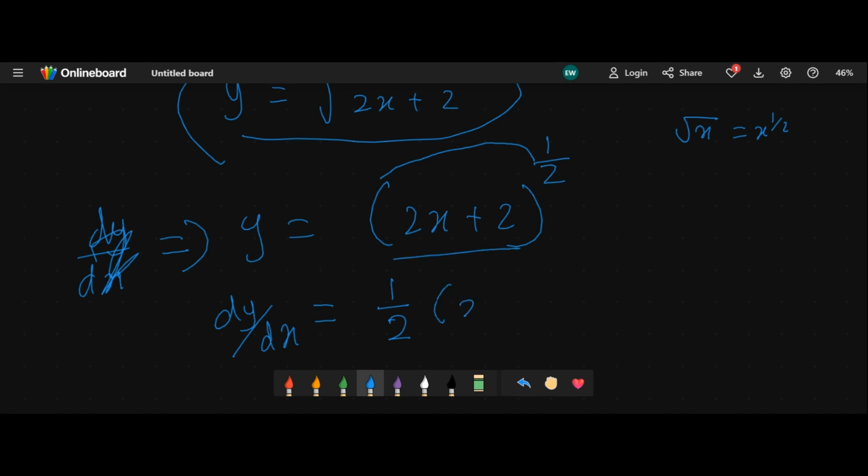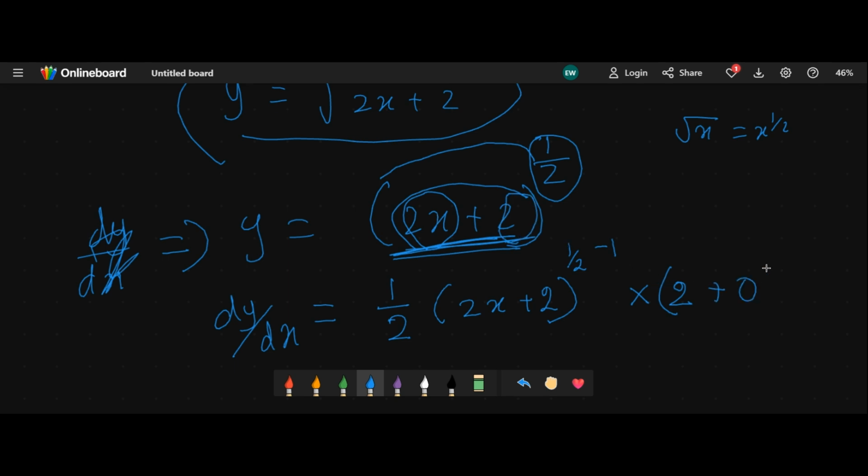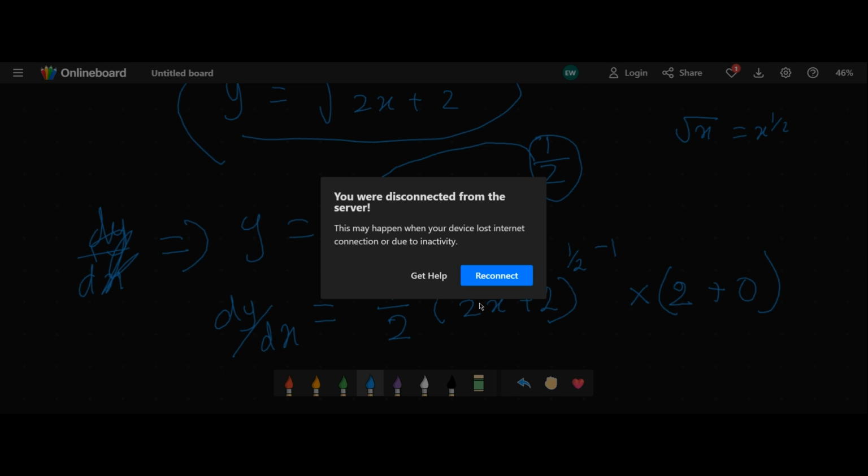Whatever is here, write it: 2x plus 2. Now whatever the number here is, you have to subtract 1. So it means half minus 1, into, you have to differentiate what is inside, 2x plus 2. If you differentiate 2x, it is 2. Plus, if you differentiate a number, it is 0. So 2 plus 0.